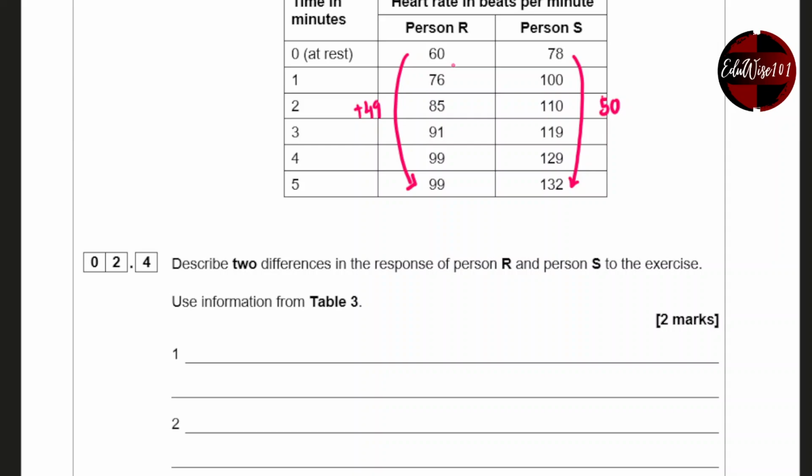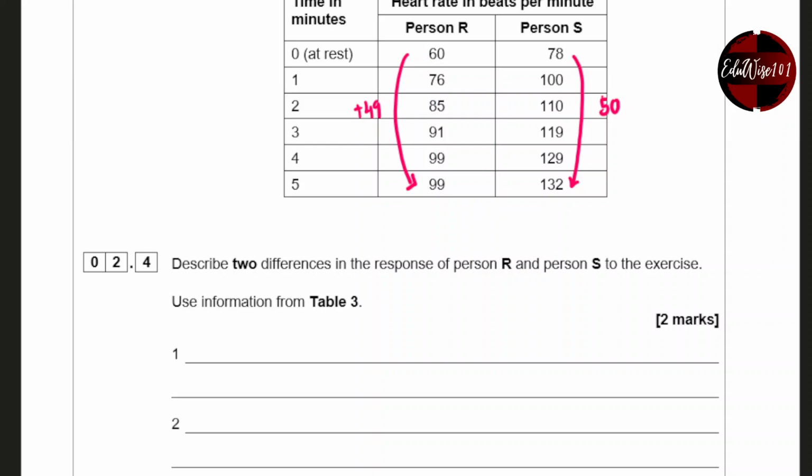The overall increase in the heart rate was actually the same, 50 and 50. But R increased every minute much slower than S.